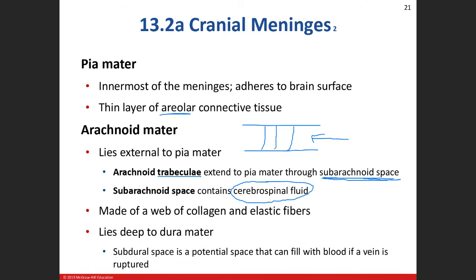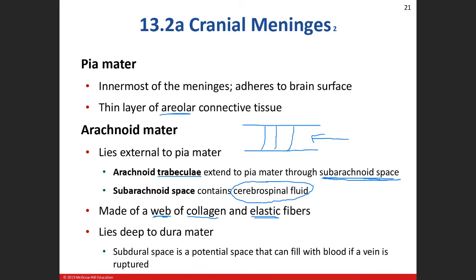The connective tissue the arachnoid mater is made of is why we call it arachnoid, because it looks like webs. It contains collagen, a very tough, strong protein fiber, but also elastic fibers, which give it a little bit of springiness and elasticity.